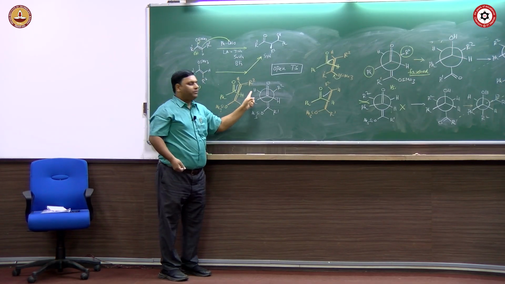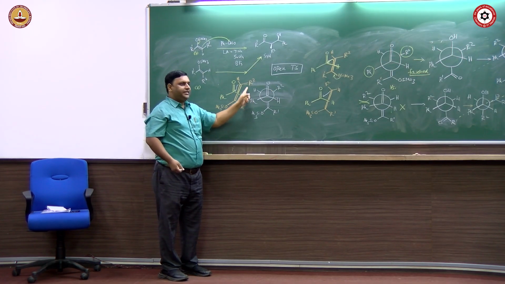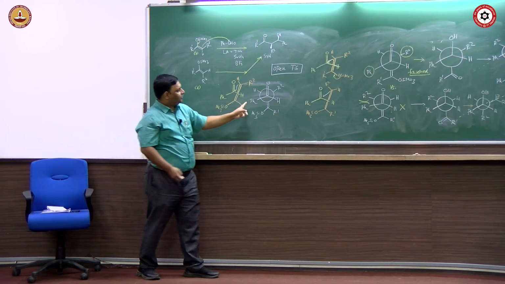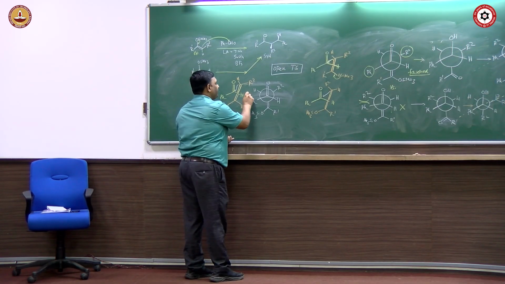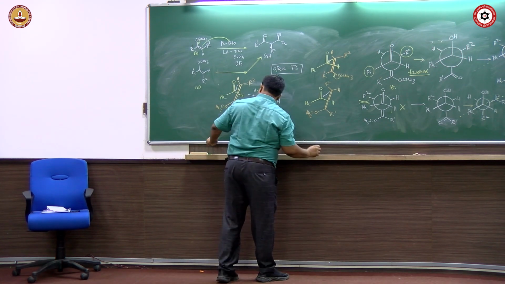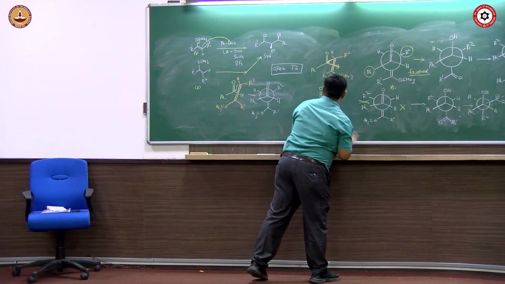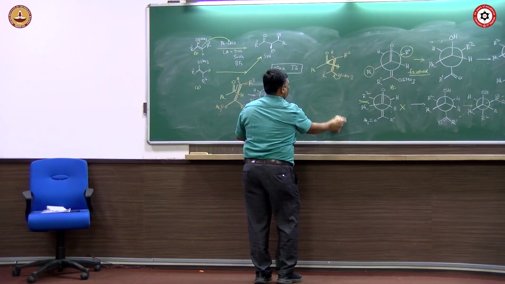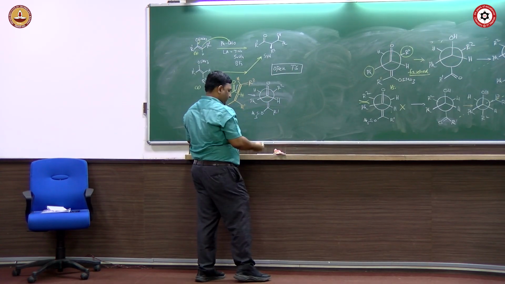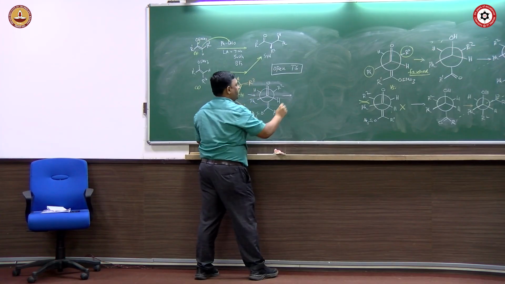That time R3 will be here, and you will see there will be steric hindrance, so we will not consider that one. So I am not going again into that. So this is the most favorable one. Now, if that is the case, let the reaction happen.